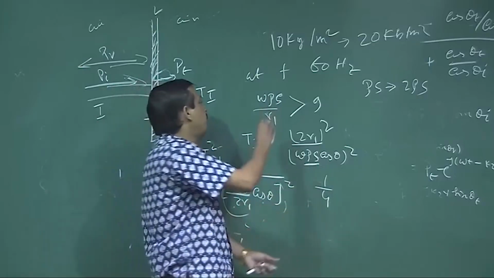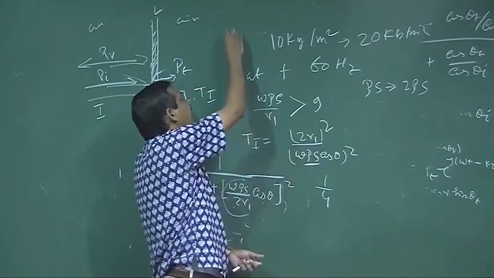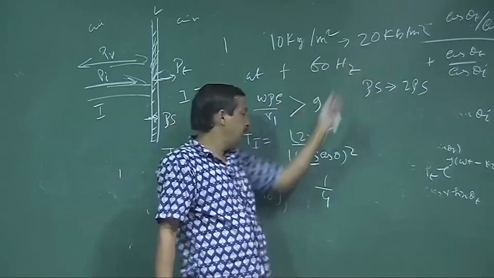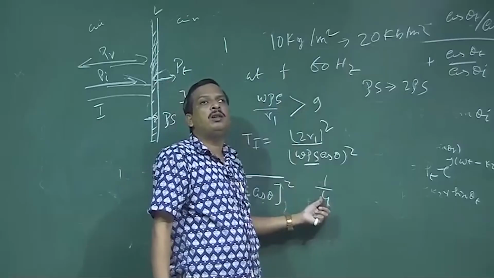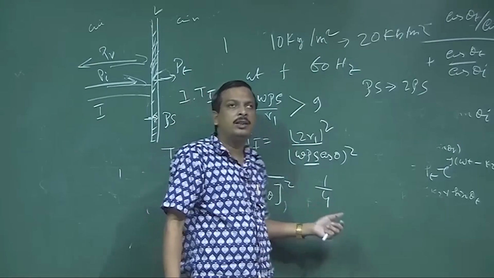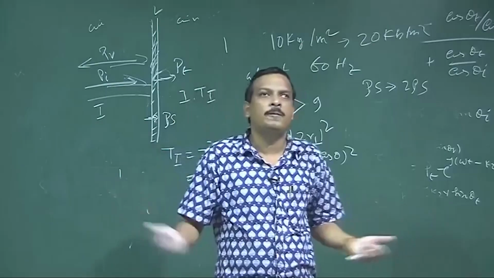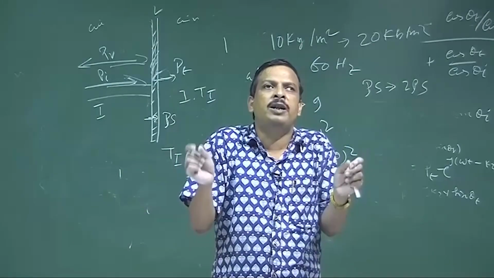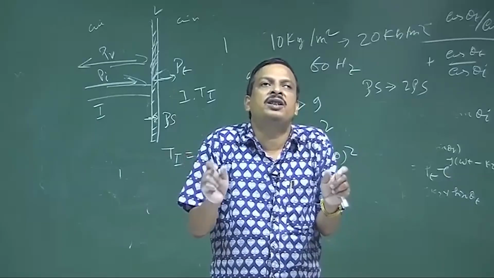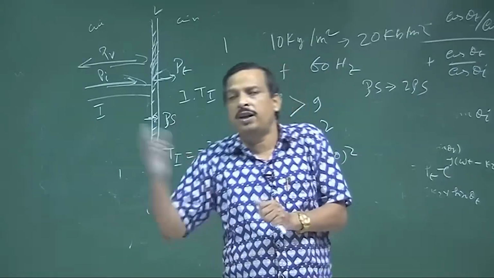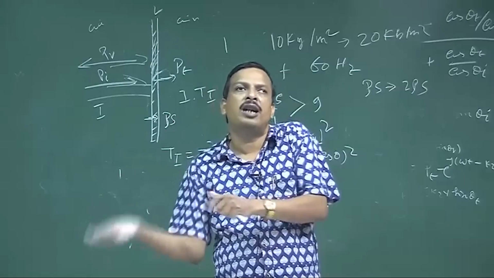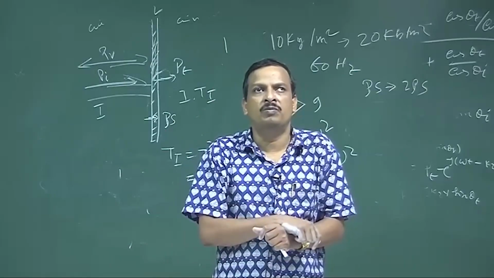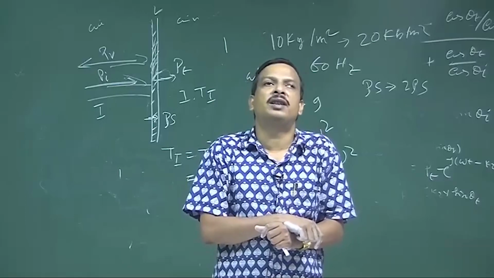So, instead of plywood, if I use glass whose surface density is double, then it will be reduced to 1/4. That is why in a factory layout, the working place is separated by a very thin partition, which creates the mass law effect. So, that factory noise cannot go inside the room. So, the mass law is created.